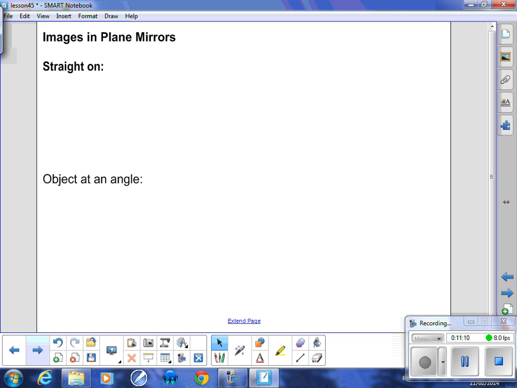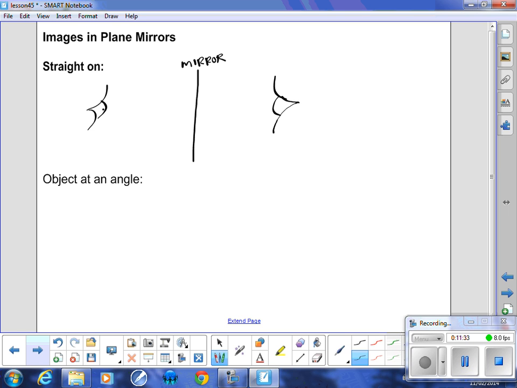All right, so moving into plane mirrors, images in plane mirrors. That's when we're looking straight on. If we were to look at a plane mirror, call that my mirror, and I draw my super cool eye, that would mean that if I look in the mirror, it looks like my eye is looking back at me on the other side, and the distance would appear to be the same. So the distance from here would be equal to my distance here.